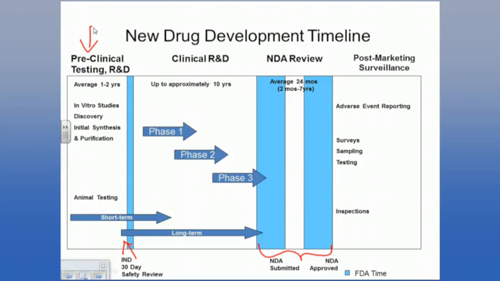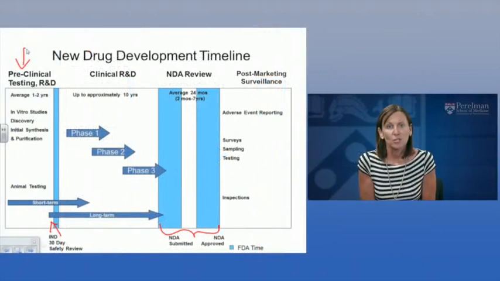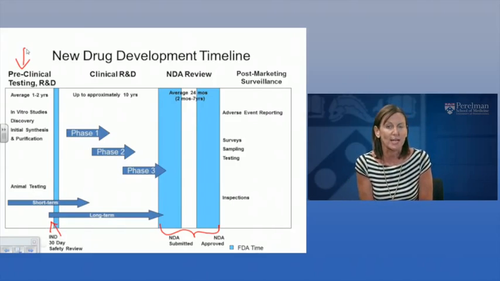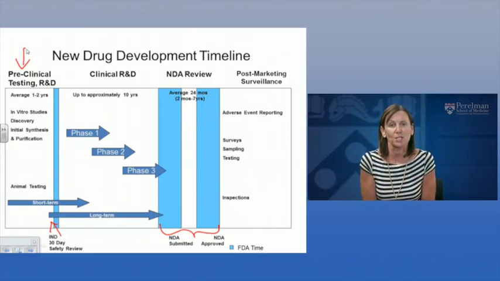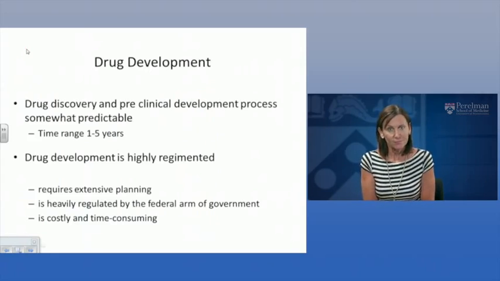So we're going to use this schema throughout the next three sections, 9, 10, and 11, to go into further detail of how we apply the basic principles of pharmacokinetics and pharmacodynamics to this process of drug development.